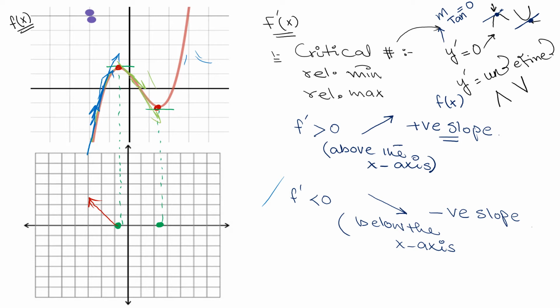The slope of the tangent line is negative because the function is decreasing everywhere. So the slope of the tangent line should be drawn as a derivative below the x-axis. So I can say the graph is like this. Just draw a freehand curve. Now, what is happening in the end?